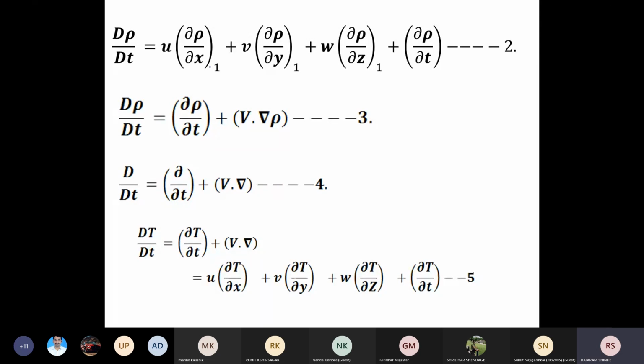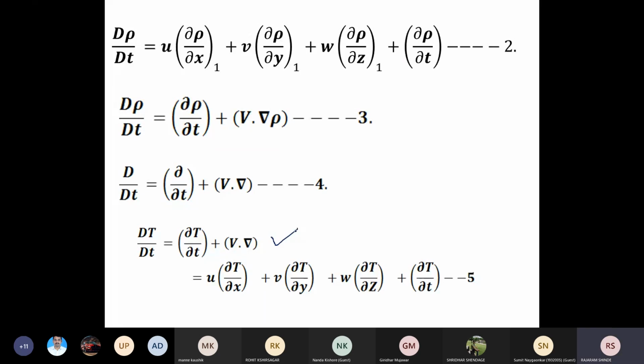So in general, this is the substantial derivative, and we can write it in a general form also. If in place of rho you have any other variable, we can write a substantial derivative. See here, I have written the substantial derivative for temperature.